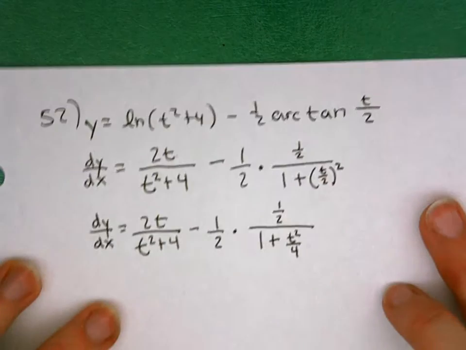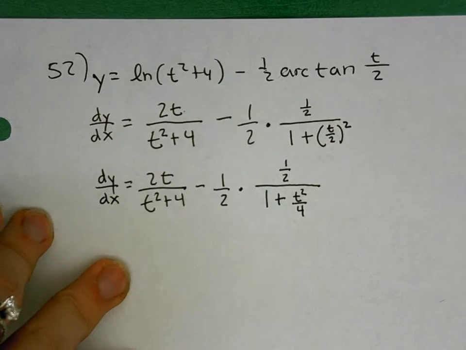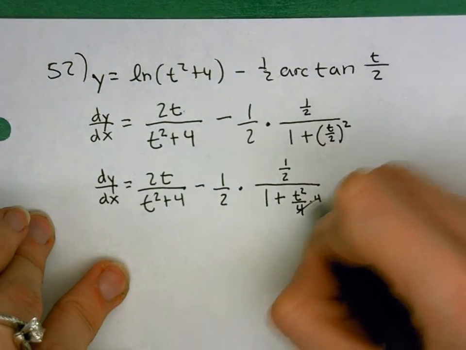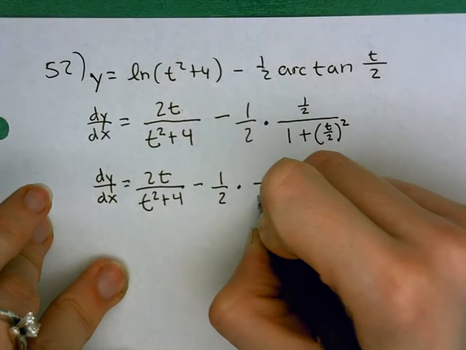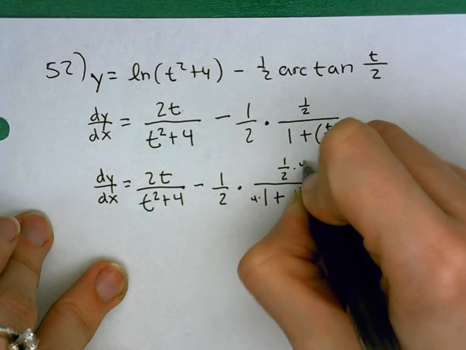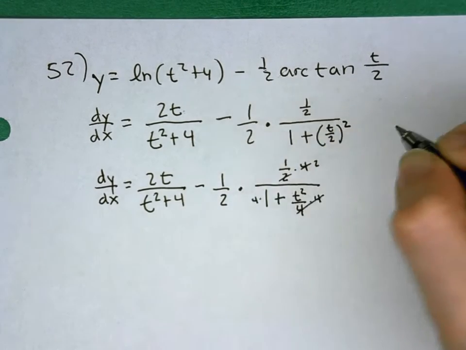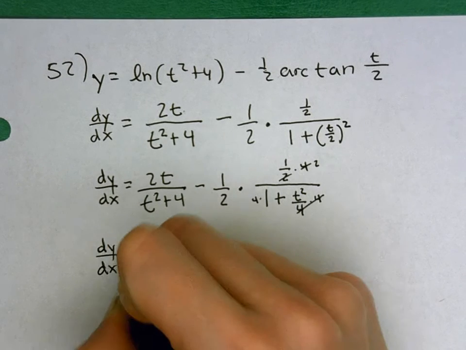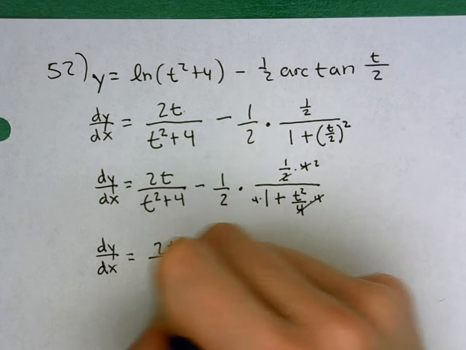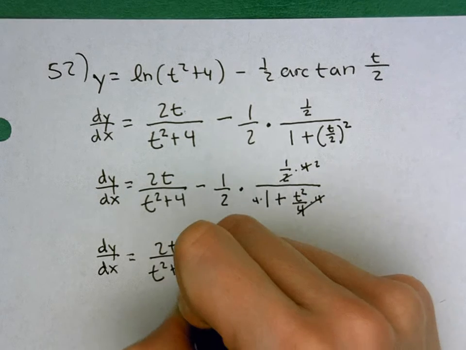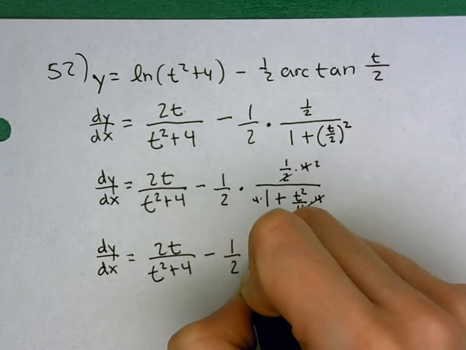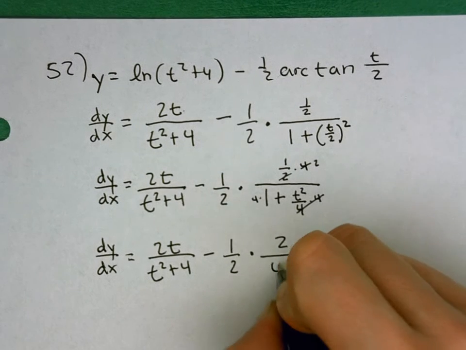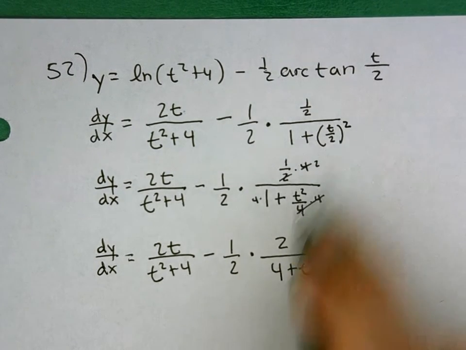Right, and again, there's a couple of different next steps you could take here. I'm going to choose to get rid of that denominator by multiplying it by 4. But if I do it to 1, I have to do it to all 3. Okay. So we have dy dx equals 2t over t squared plus 4 minus, leaving that 1/2 out here, 1/2 times 4 is just 2 over 4 plus t squared in the bottom there. 4 times 1 is 4.